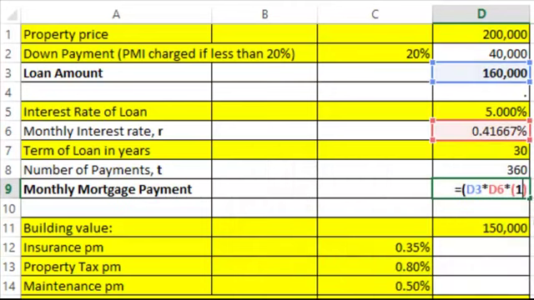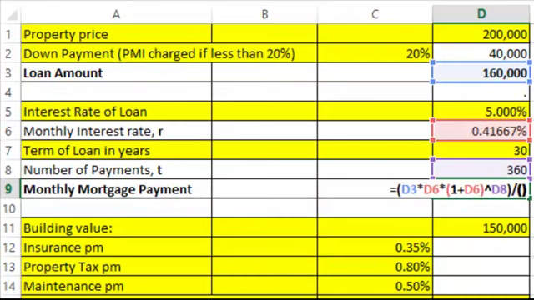So we go 1 plus D6, okay, and then to the power of. There's a little hat above your 6 key, and if you hit shift and then hit 6 on your top row of numbers, it should give you a little hat sign for the exponent, and then D8, okay, and then close parentheses for the top of the fraction.